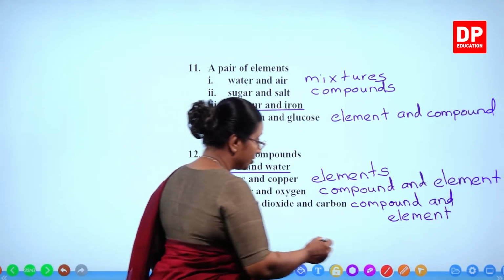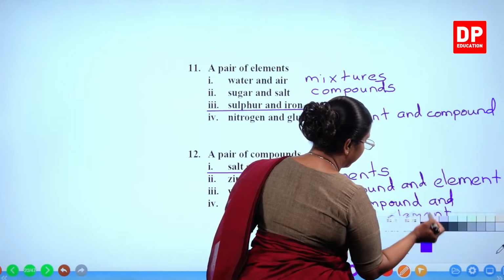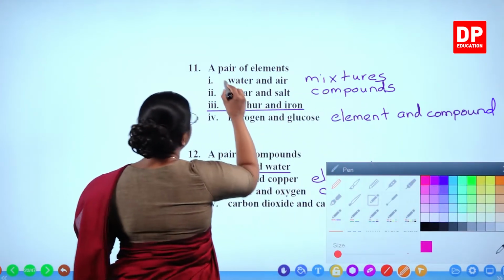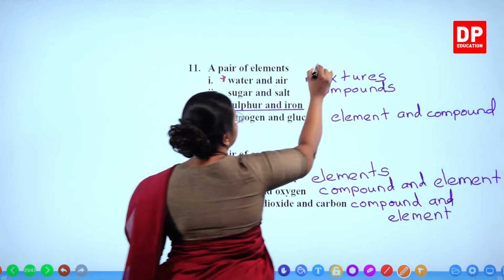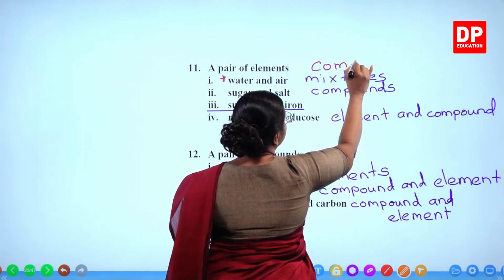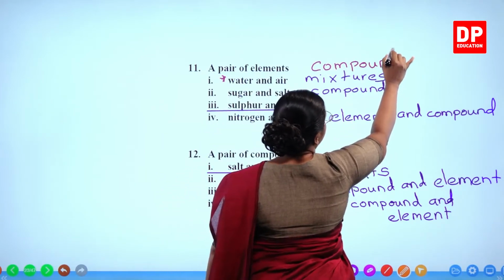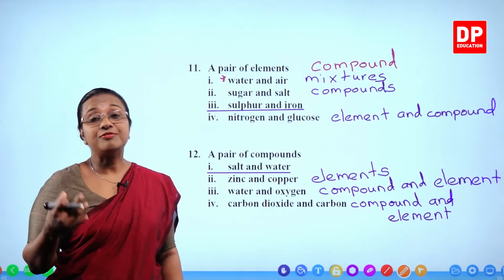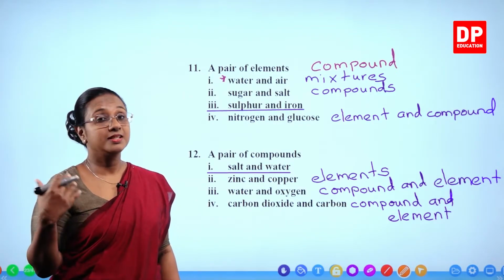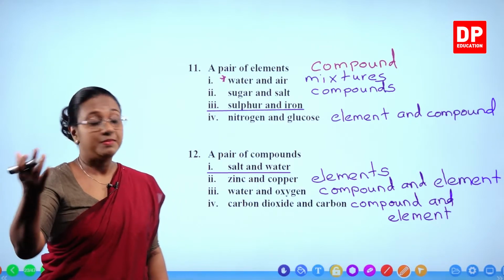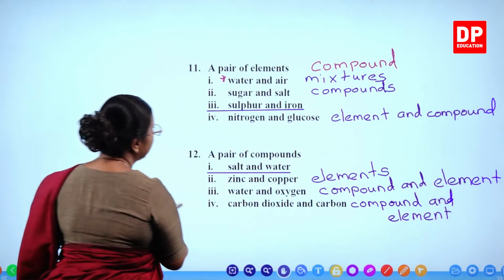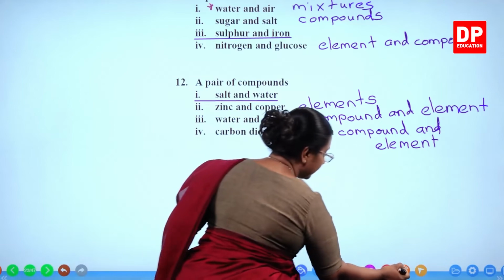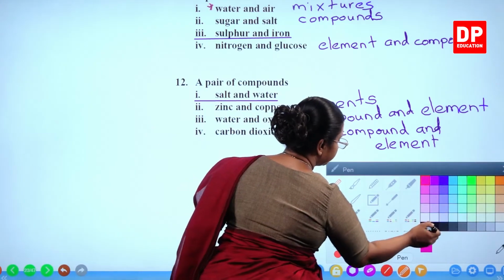So that is also something you have to remember. Now here also water is a compound. Pure water is a compound. If there are substances mixed, then it becomes a mixture. So we can consider that as a note.